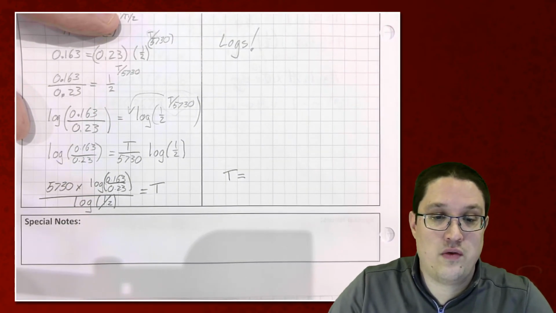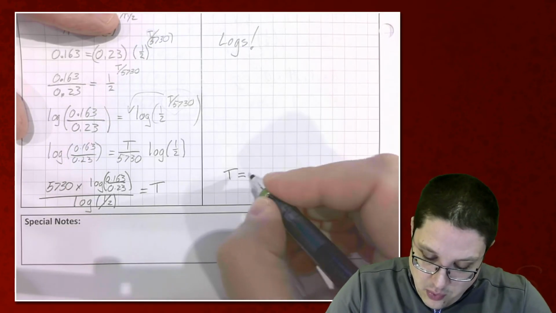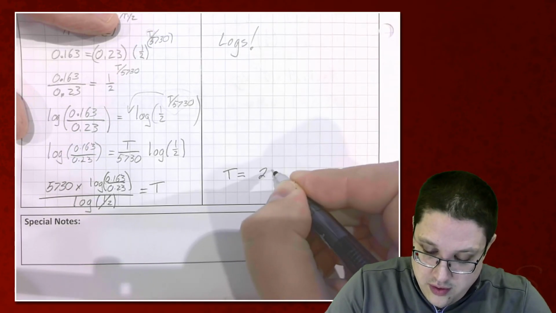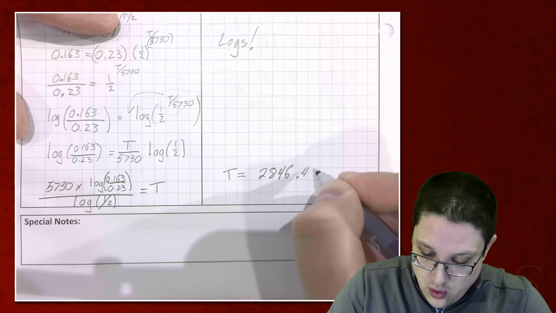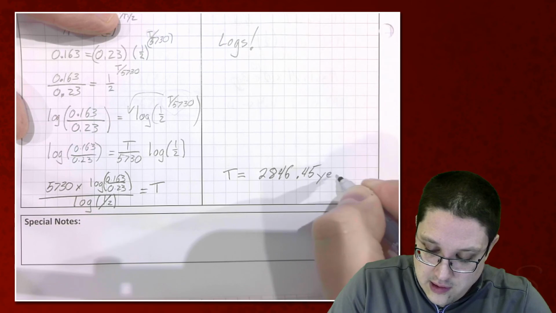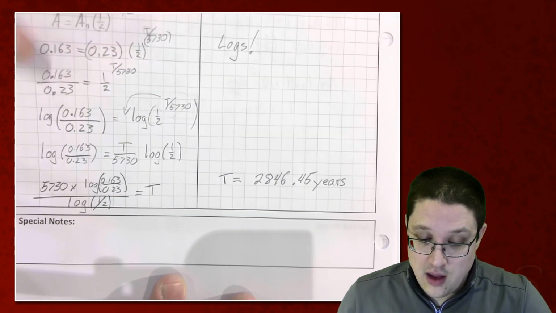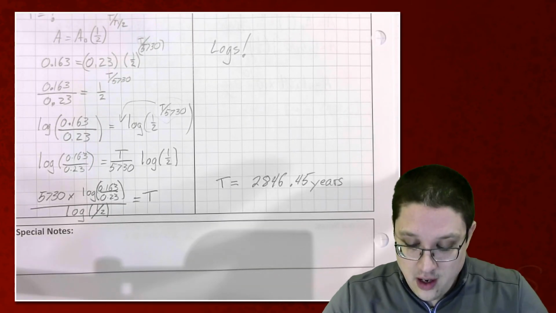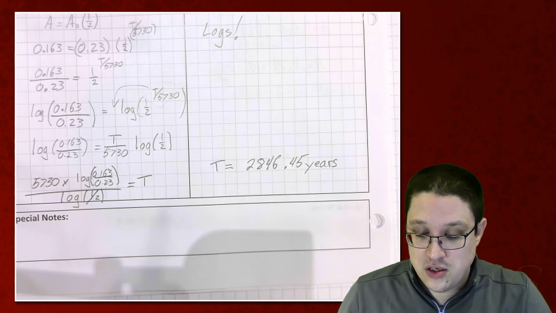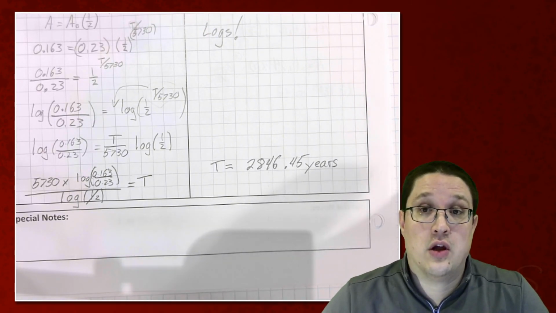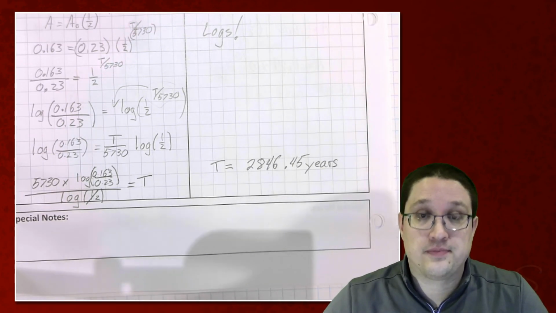I have solved for my time here, and what I end up with is 2,846.45 years. In this case, this fossil tree died or stopped ingesting carbon from the atmosphere 2,846 years ago, which seems like a long time, but isn't actually that long.